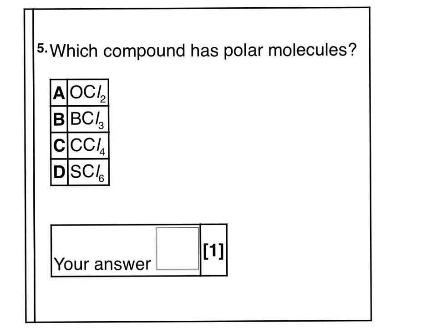Okay, and then the next question, which of these is a polar molecule? Well, if we start with A, it is oxygen connected to 2 chlorines, and we know that oxygen has got lone pairs of electrons. Now, you need to check your electronegativity values if you want to see which way the bond is polar.